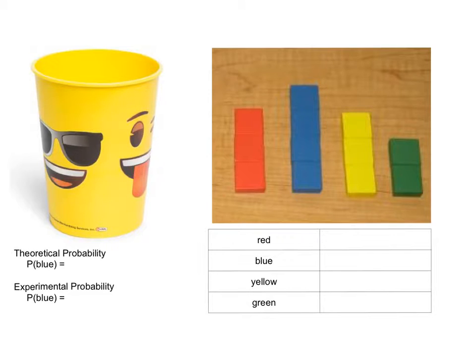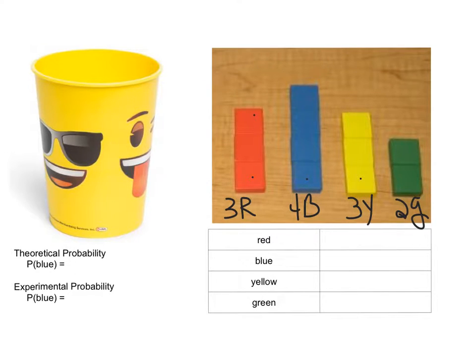So let's look at what we've been doing before the spring break. We were doing probability, and all we were doing is checking to see what would be the favorable outcome over the total outcome. So in here we have 1, 2, 3 red tiles, 1, 2, 3, 4 blue tiles, 1, 2, 3 yellow tiles, and 1, 2 green tiles.